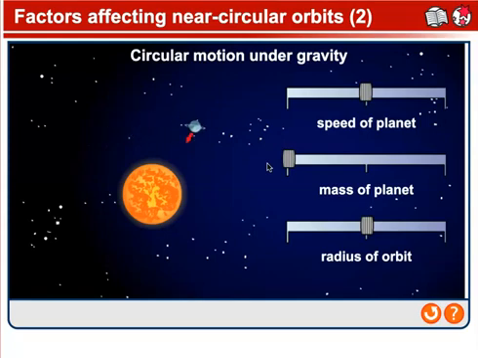This activity is designed to demonstrate that for any particular radius, there is only one speed a planet of any mass may move at in order to stay in that orbit. It can also be used to emphasize the fact that the mass of a planet does not affect its speed and radius of orbit.